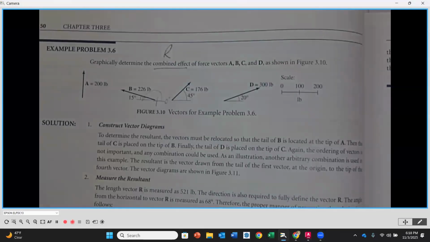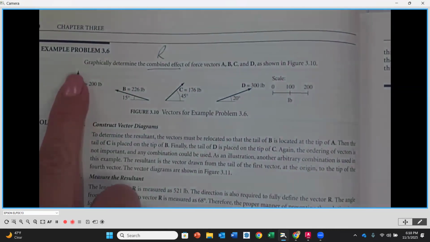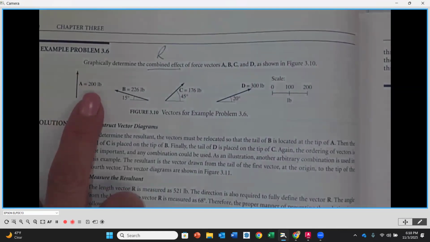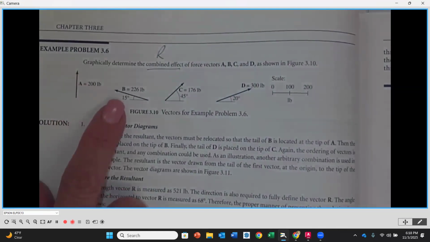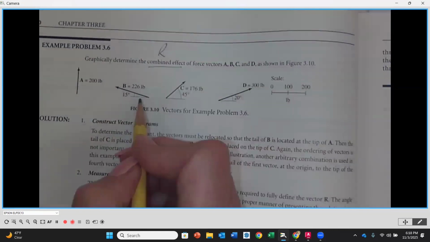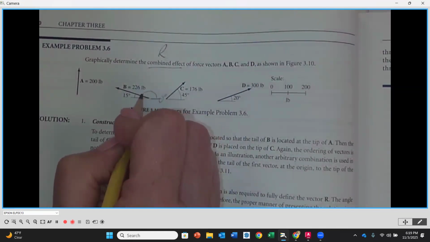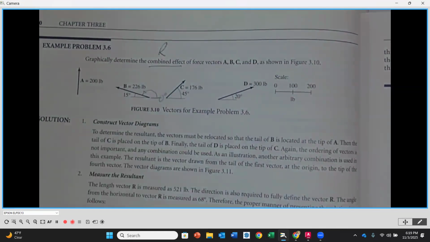The first thing we're going to do is draw these at the angle and the size that we see them. The first one, A, is going to go straight up at 90 degrees, 200 units long. Then we have B, which is 226, but because it's an angle of 15 coming from 180, remember when we input our angle from 0 degrees, it's going to be counterclockwise to our vector.